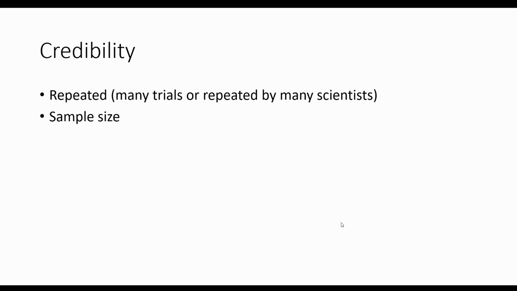The next thing that we look at is sample size, and this is actually one way we look at whether or not we have repeated the experiment. So for chemistry or physics, we might just have a handful of trials, maybe 3 trials or 5 trials to see, is this something that is repeatable?